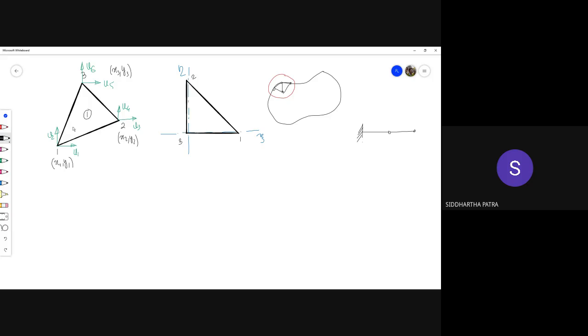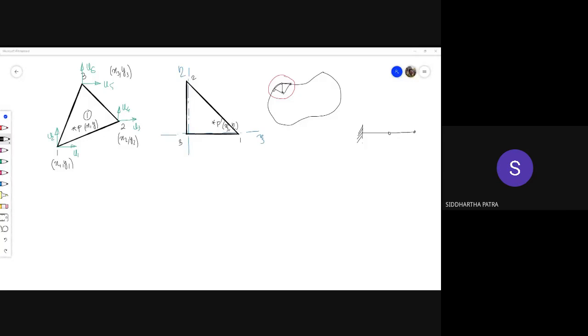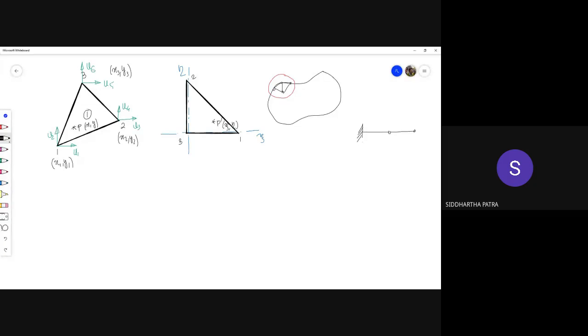Now a physical point P with coordinates x and y maps to, let's say, P prime at xi, eta. We will discuss how the mapping occurs, but let us first define the shape functions.